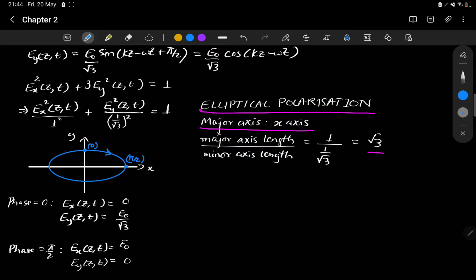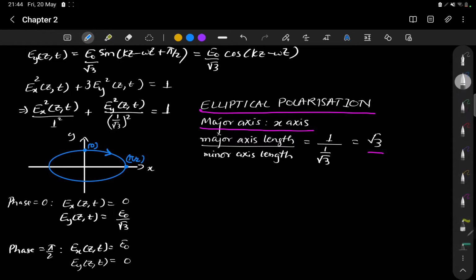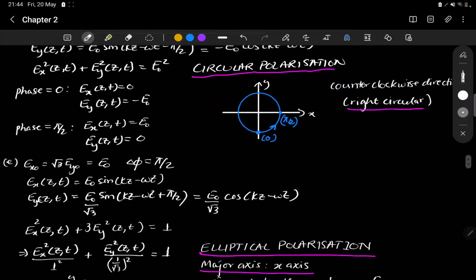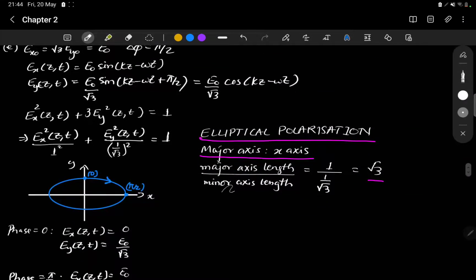So this is like in this direction, this is clockwise direction. This is clockwise direction, or equivalently left elliptical.